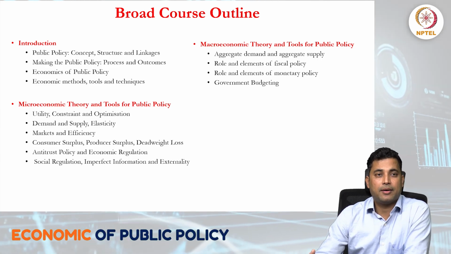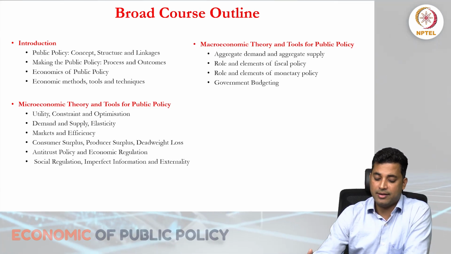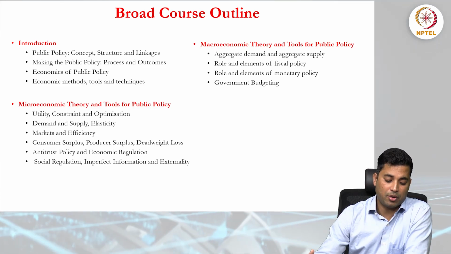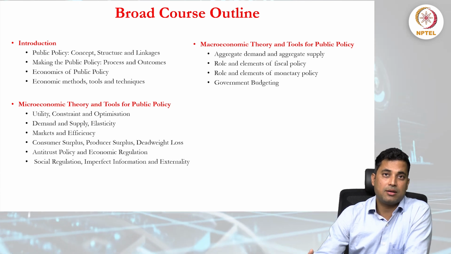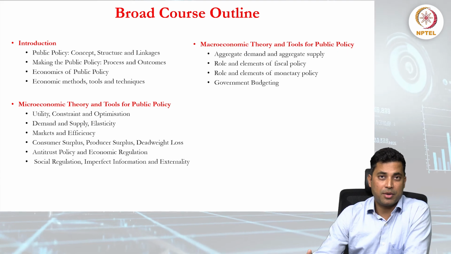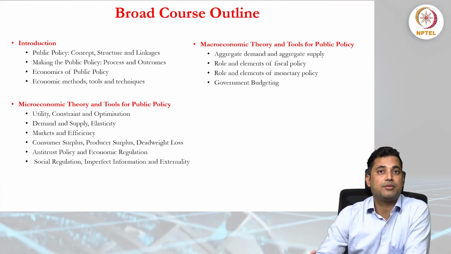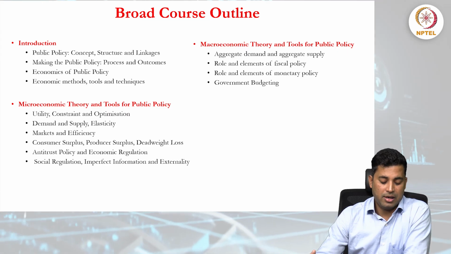As we said, in any price determination of goods and services, in this case public policy, regulation comes in with a very important role, in terms of economic regulations and also government regulations. So antitrust policies will be very important here.